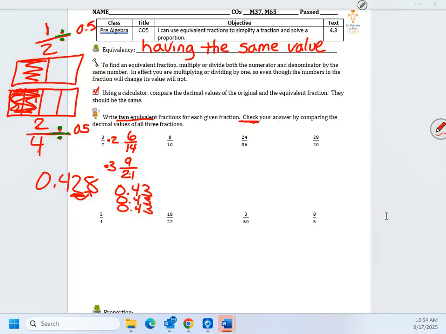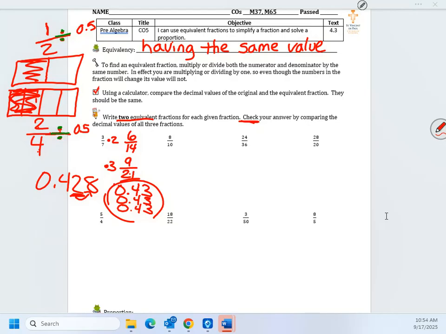So I should see your 2 equivalent fractions, and then I should see you checking each fraction to make sure that they are the same decimal. If it's a different decimal, it means you did something wrong with one of your equivalent fractions. You need to go back and rethink, look at that fraction, where did you go wrong?